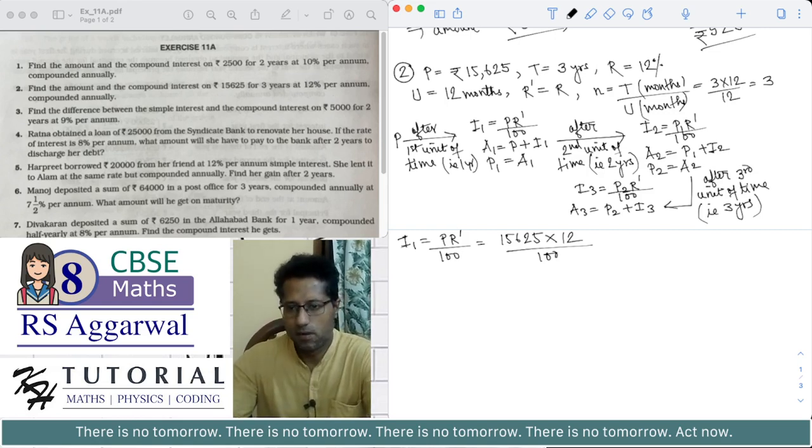Now this is 4 divides 100 with 25, 4 divides 12 with 3, and let's see if we can divide 15625 by 25.